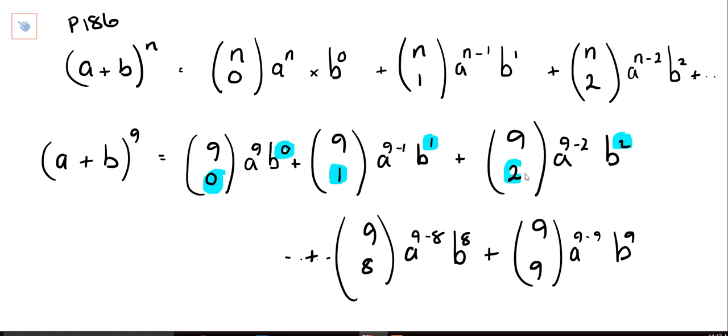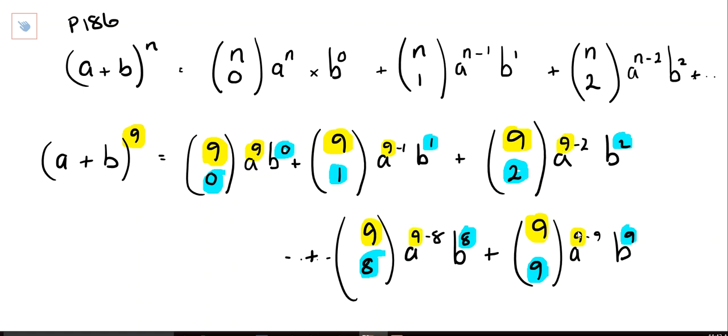If b is 2, that's 2. 8, 8, 9, 9. Okay? And the top 9 comes from there. So that's why that one's there. And then that kind of works there, doesn't it? So 9, that's what we use there.